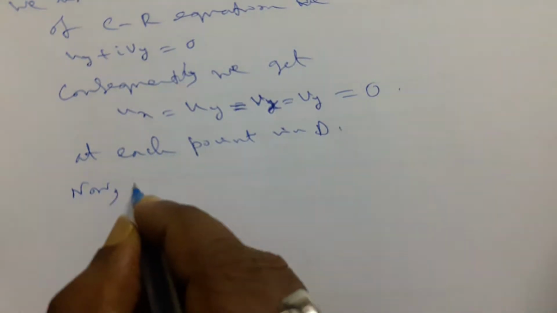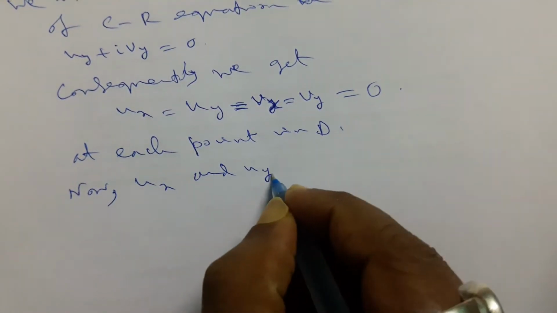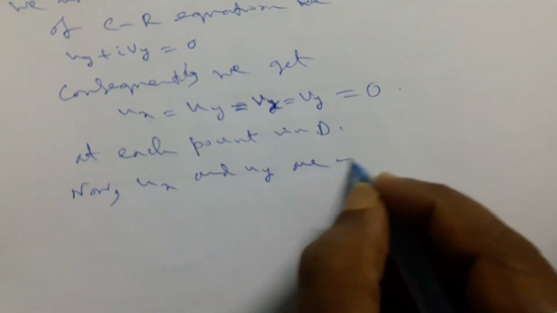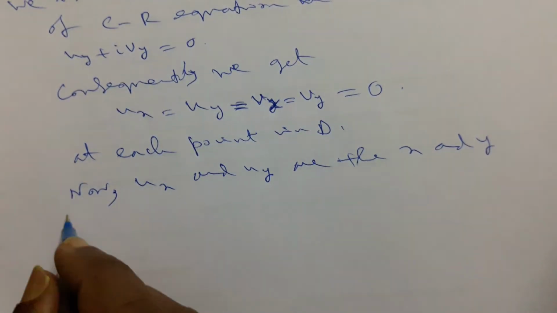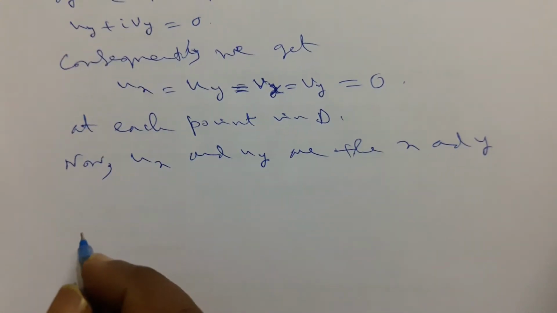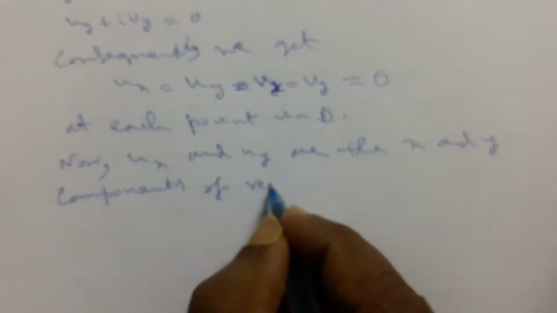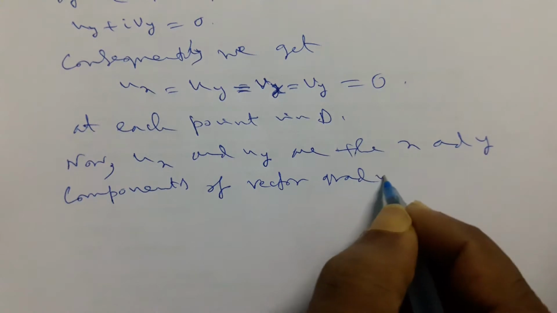Now u_x and u_y are the x and y components of the vector grad u.